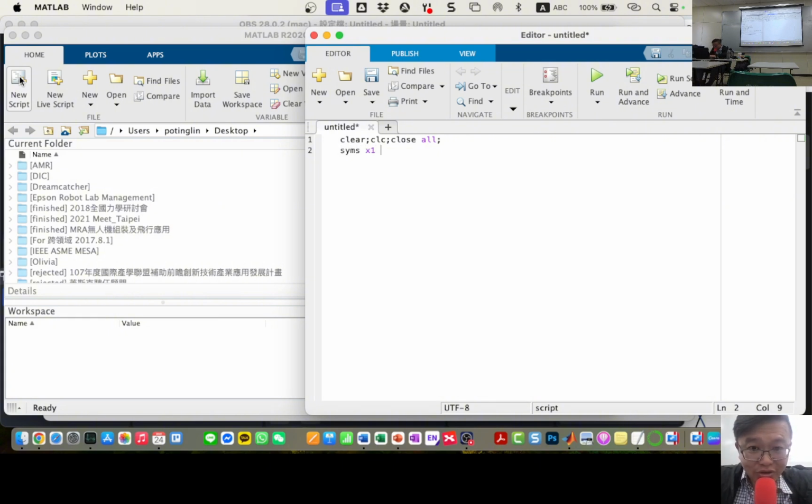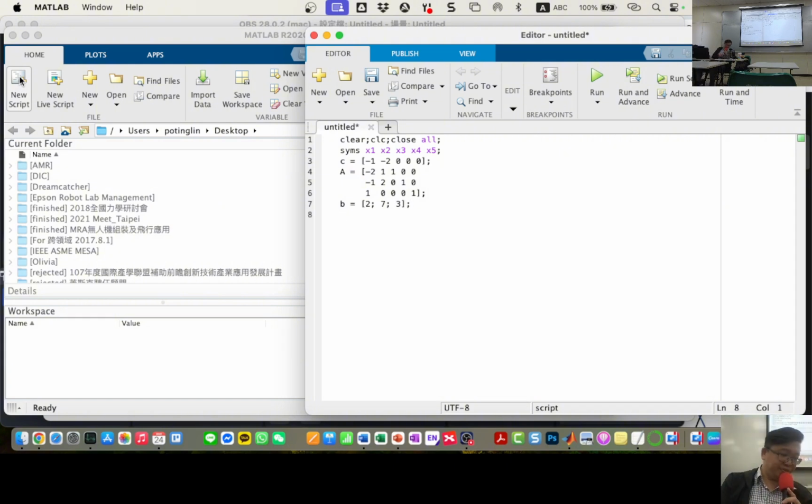Symbolic x1, x2, x3, x4, and x5. And c equals to, and my A equals to, small b is 2, 7, 3.